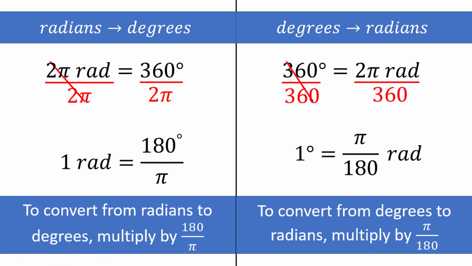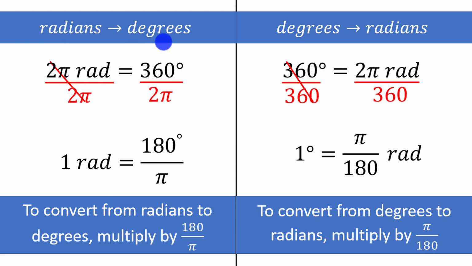Now, what's an easy way to remember these formulas? Notice that they both have 180 and pi in them. For here, we have 180 divided by pi, and here we have pi divided by 180. So how do you know which one is which? Well, if you want to go to degrees, that means you're coming from radians. And as I mentioned before, radians typically are expressed in terms of pi.